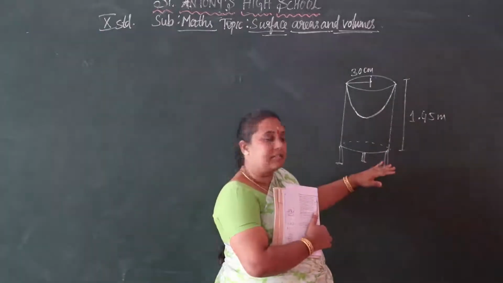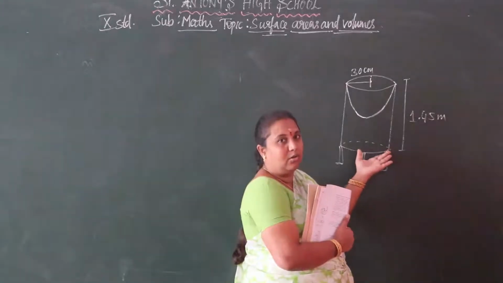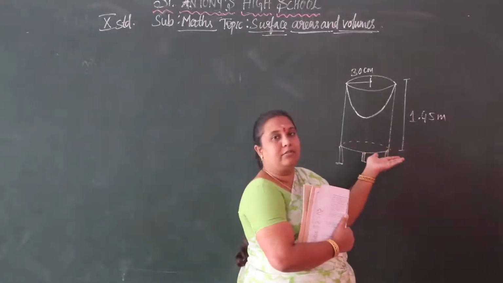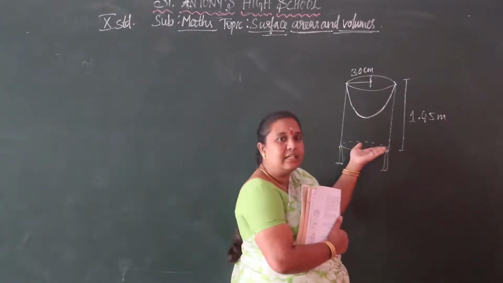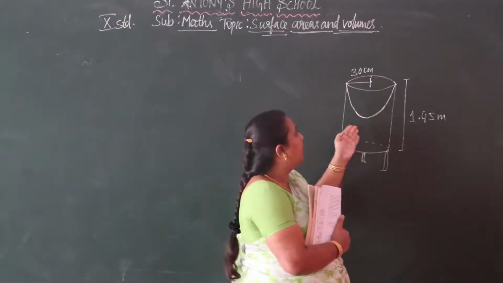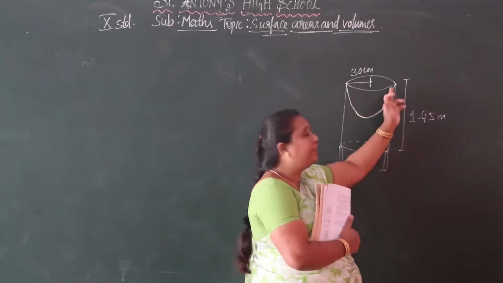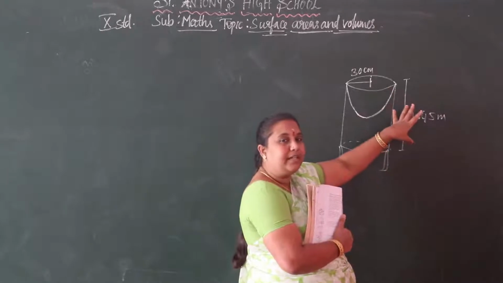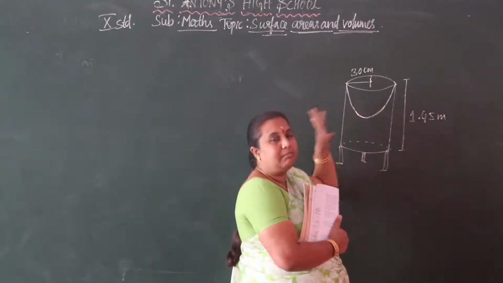They don't ask for it. There is no need to find the area of the below part of the cylinder. So we first find the CSA of the cylinder plus the CSA of the hemisphere, and finally we get the total surface area of the bird bath.